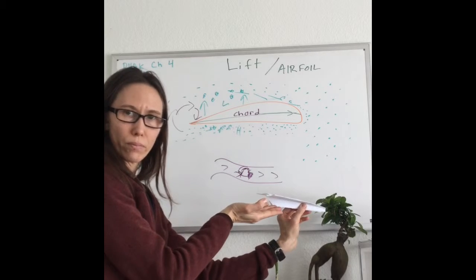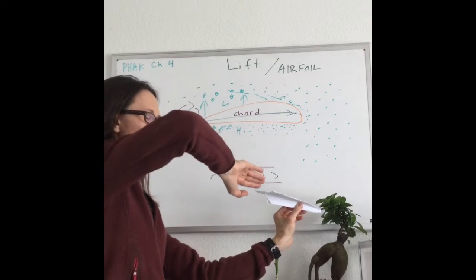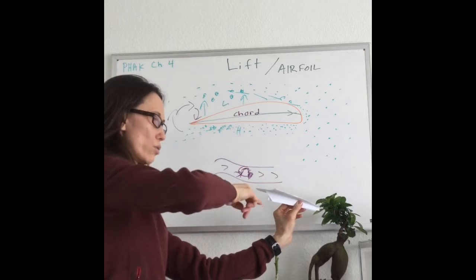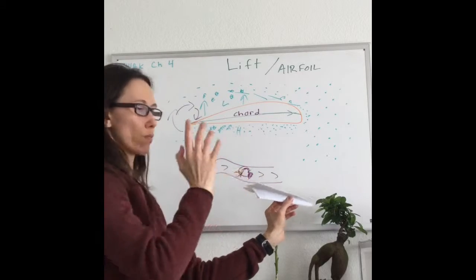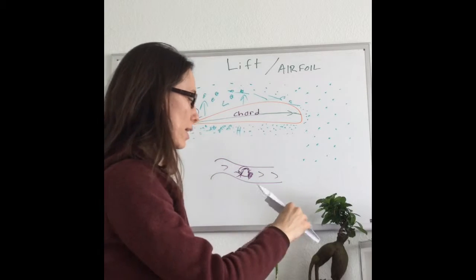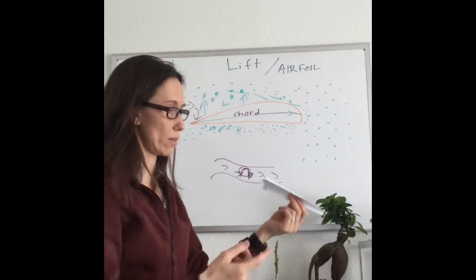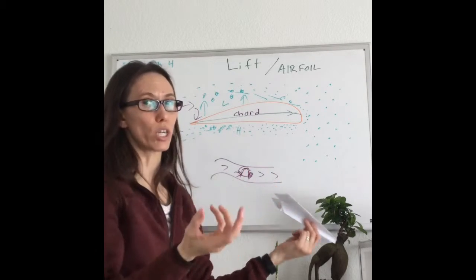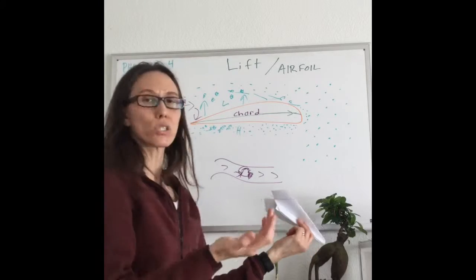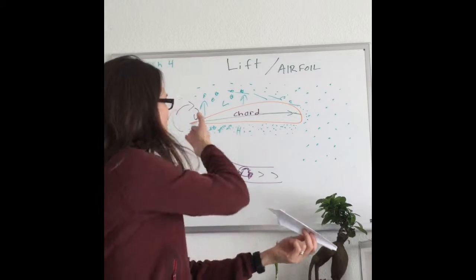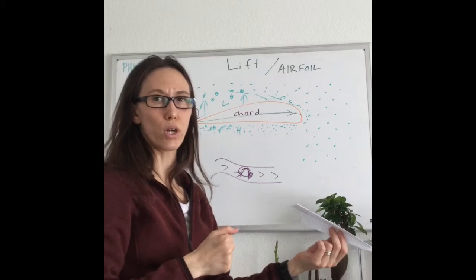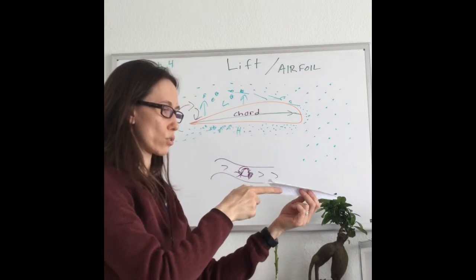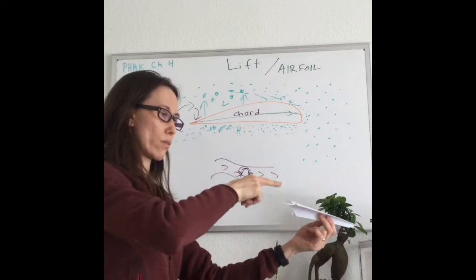Out from the bottom, up and around towards the wing. Why do I keep saying that again and again? This is actually a question in your test. It will ask you about wingtip vortices. What direction do they go? Well, at first I didn't think it was that important, but when you think about that it's creating drag, it actually is kind of important. So it's coming out and around and it's hitting this.